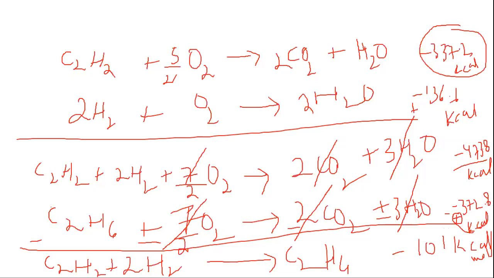Next, problem number 19. Graphite and diamond are two forms of carbon. The enthalpy of combustion of graphite, this carbon is for graphite. Graphite is a giant covalent compound and all the atoms of the graphite are carbons.